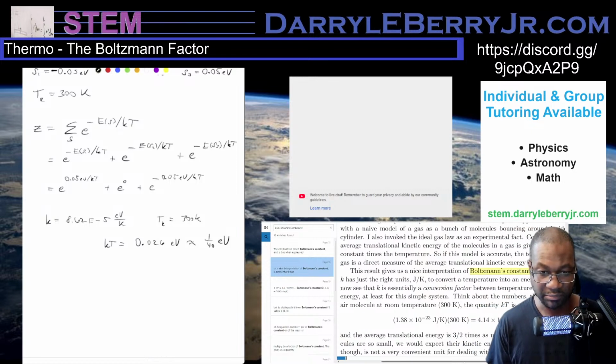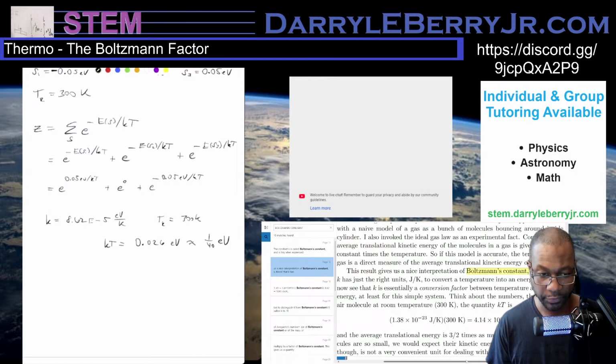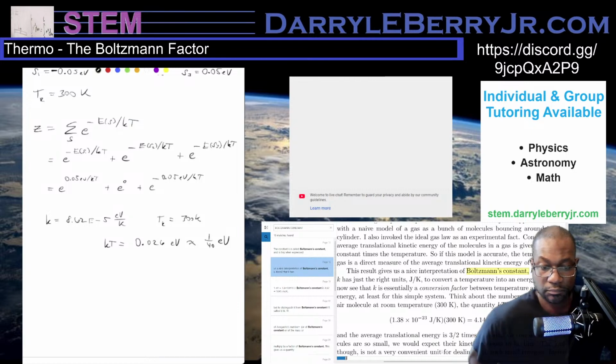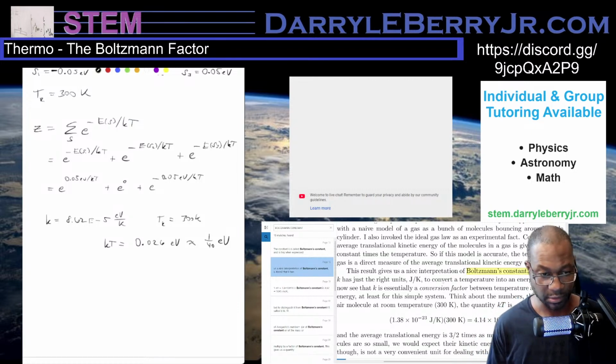And this is the one I was thinking about before, 1.381 times 10 to the negative 23 joules over K. I need to put these full formulas on my formula sheet.